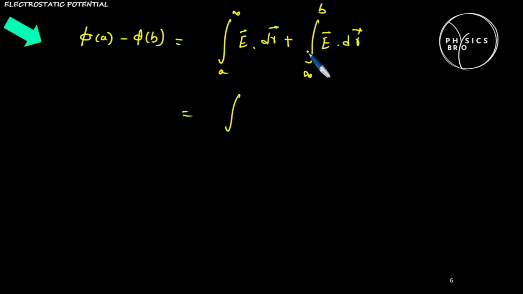And now we can write this like B to A E dot dr, the form is not the same, but we can write it like that, minus B to A E dot dr. So this is our potential difference that we talked about.